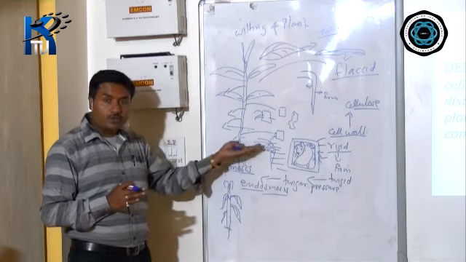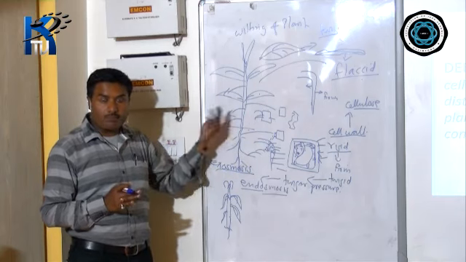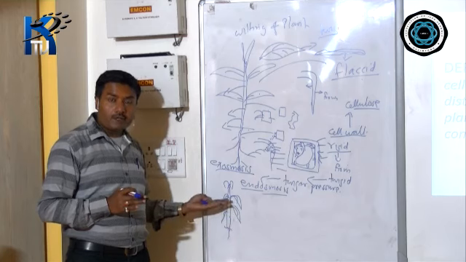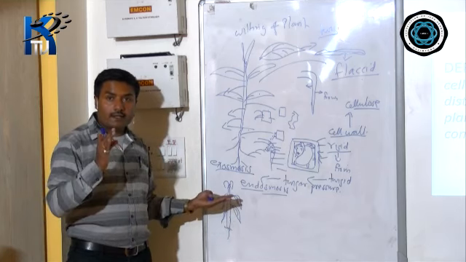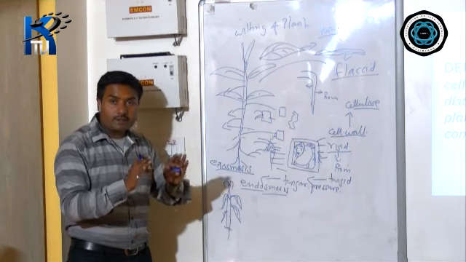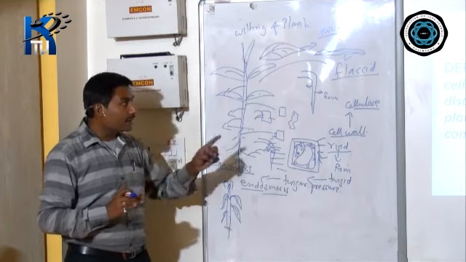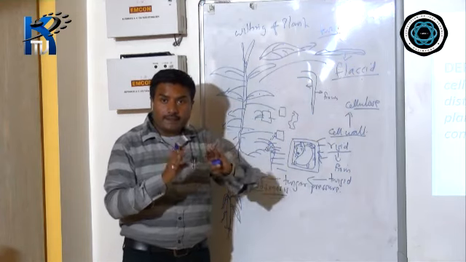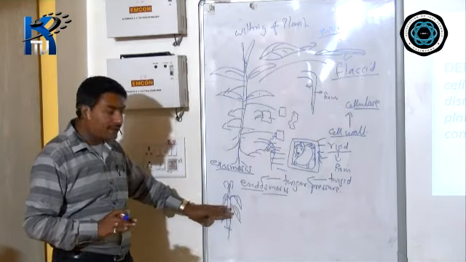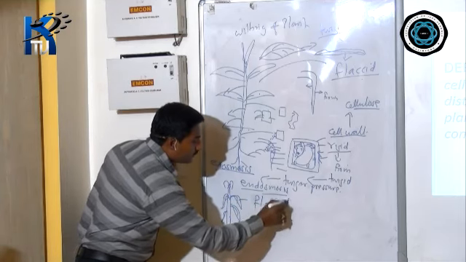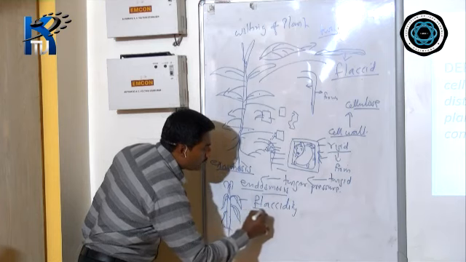When there is a withdrawal of water from the cell, from the plant body, the plant may shrivel, the plant may go under wilting condition, and that is due to exoosmosis. When the turgor pressure decreases, it leads to the flaccid condition. And to remain in the state of flaccid condition, we use the term flaccidity.